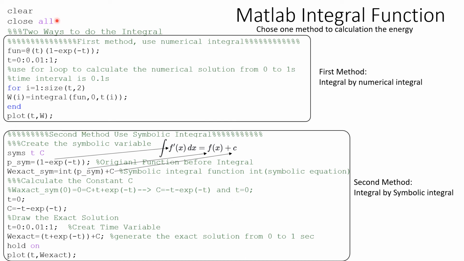One will be the numerical method. The other will be how to get an analytical solution for the integral function. You can use the first part or the second part, it will be fine. If I use the first part, I give you an example: 1 minus exponential minus t.